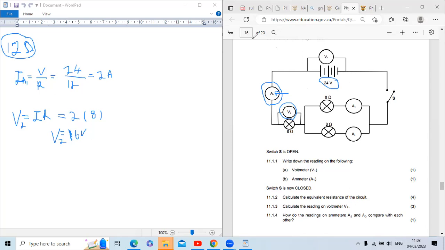Or maybe I can just ask you a few questions to see if you'll understand it. So do you understand what we did here? Yes. Okay. So do you understand how ratios work? I think you learned this in grade 9, how to use ratios to calculate the total.